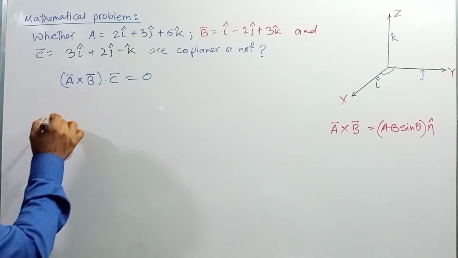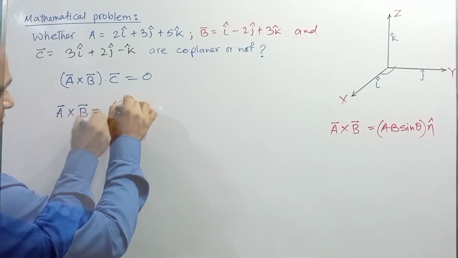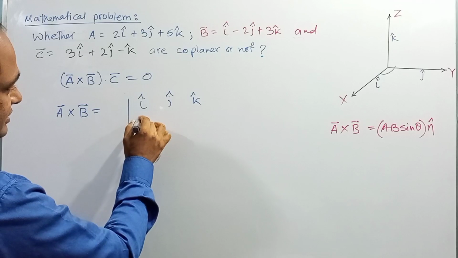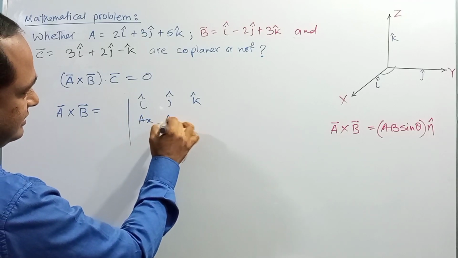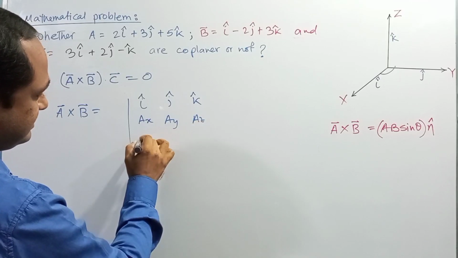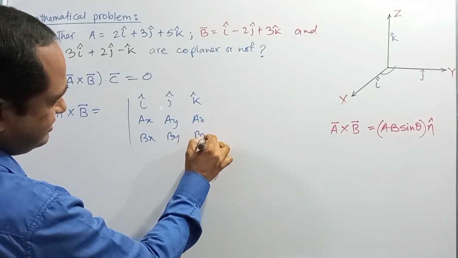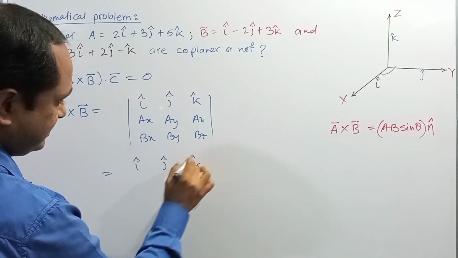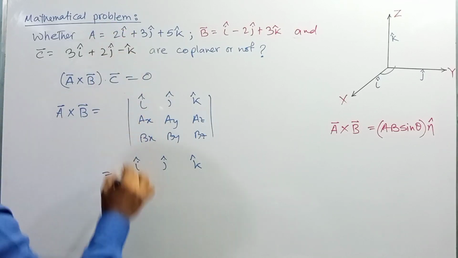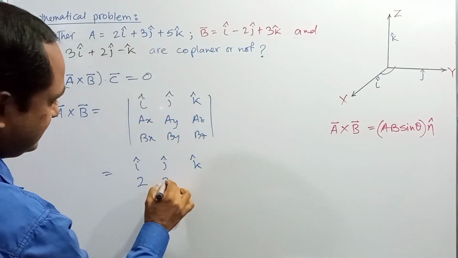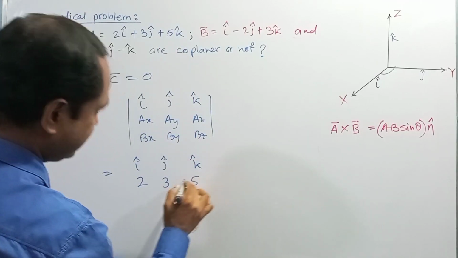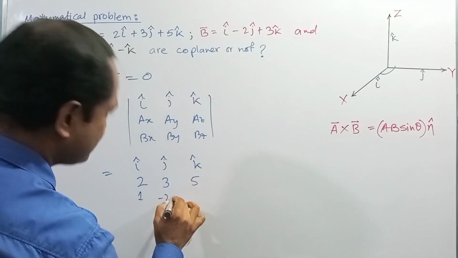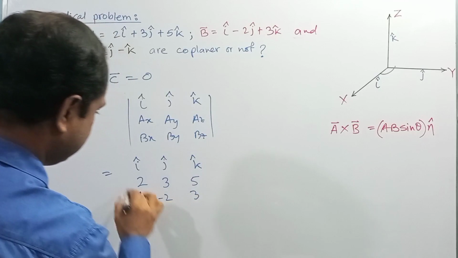We know A cross B in the determinant form i j k, ax ay az, bx by bz, right? Here ax means 2, ay means 3 and az means 5. Similarly bx means 1, by means minus 2 and bz means 3.